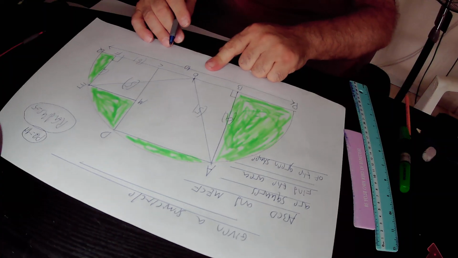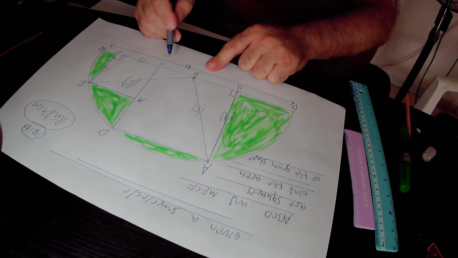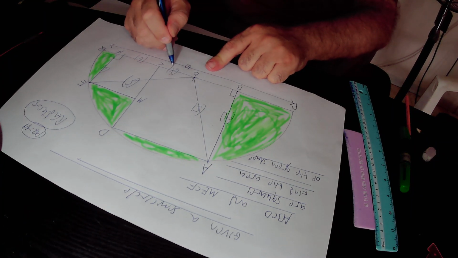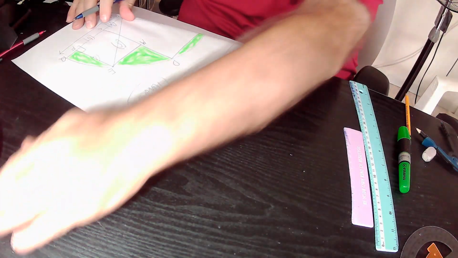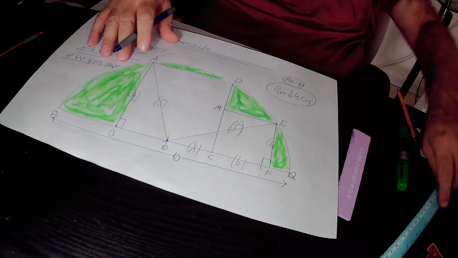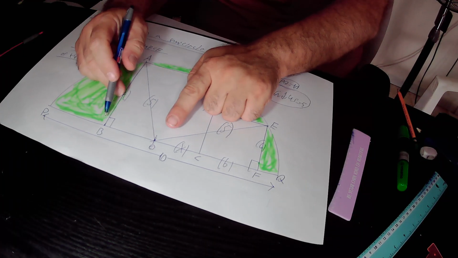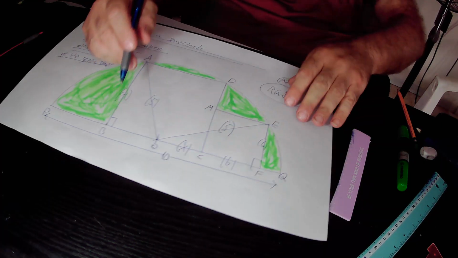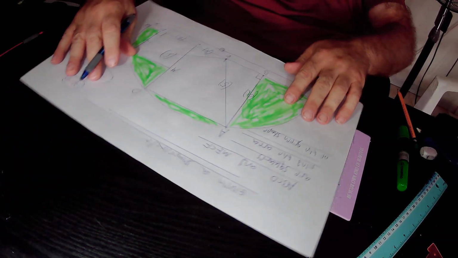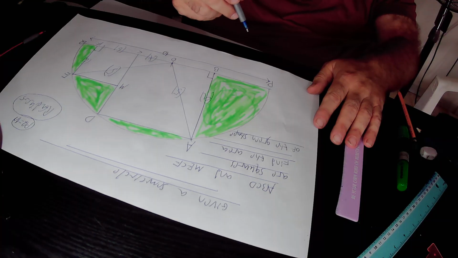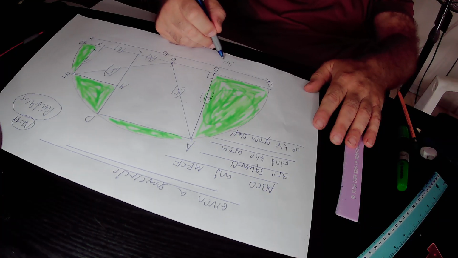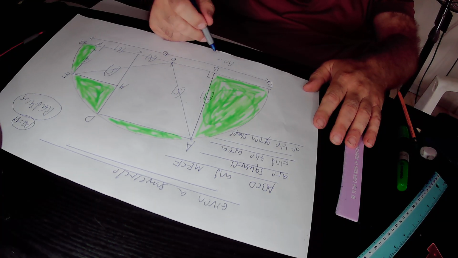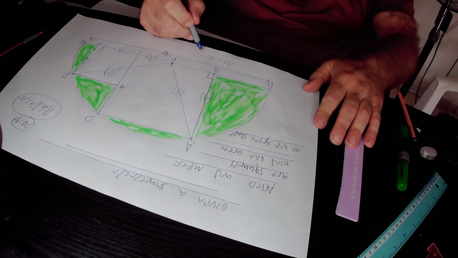We define the length of the short line segment OC as X. So what is the length of the short line segment BO? BO equals BC minus OC. So if I write it down, BO equals BC minus OC.